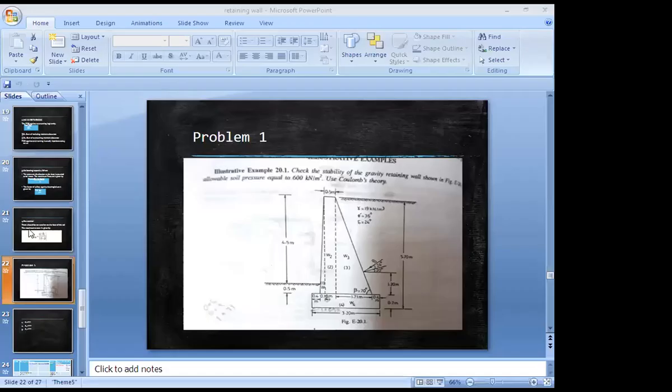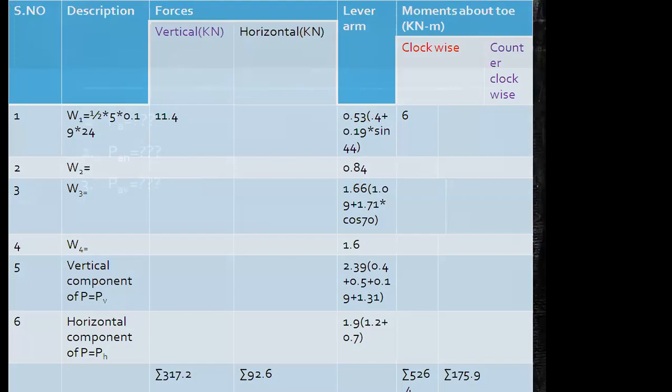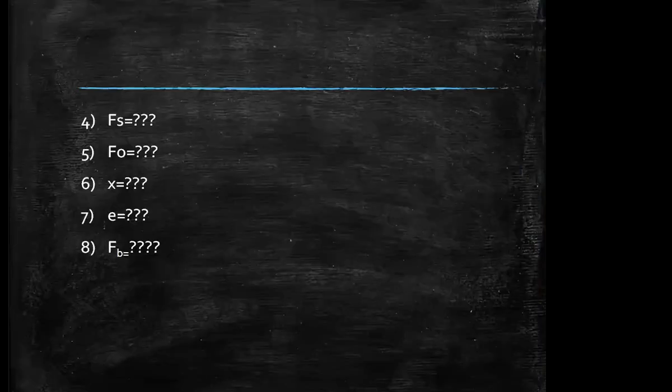Okay, right. So MO 175.9. So how much will you get? How much will you get FO to be? 2.91 వచ్చిందండి FO. Is it so? 2.992.